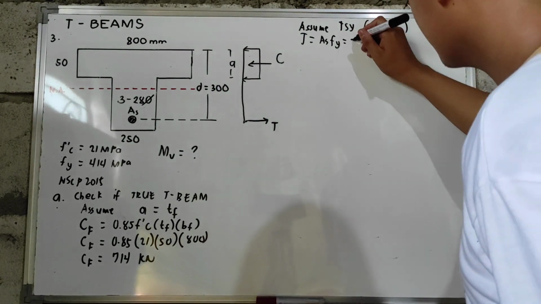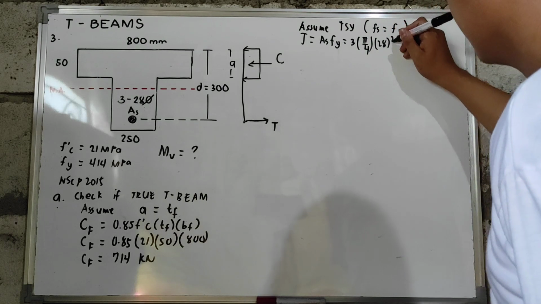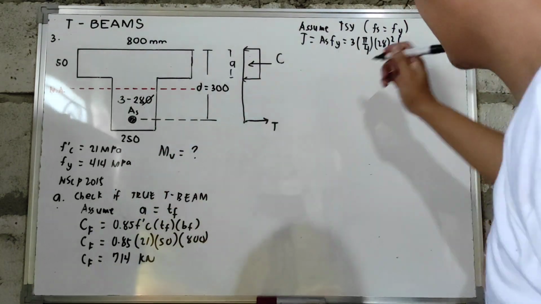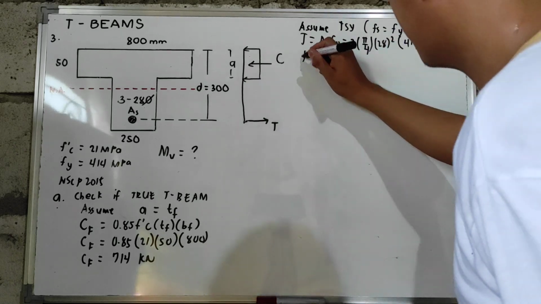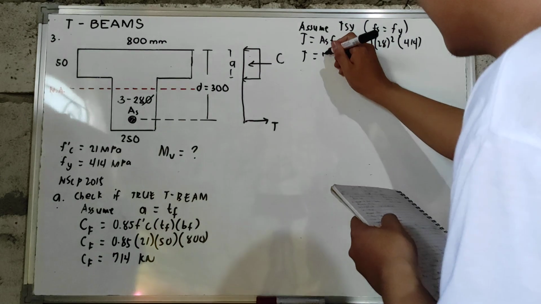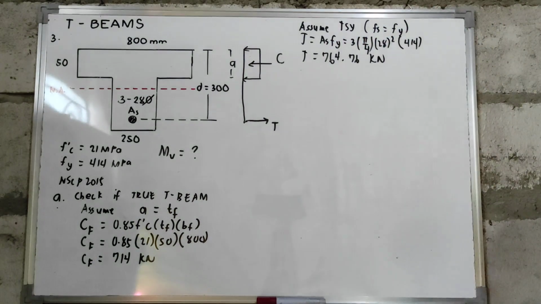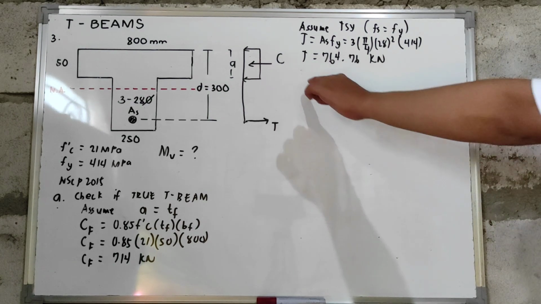So, we have three pieces of 28 mm diameter bar multiplied by our Fy of 414. So, the value of your tensile force is equal to 764.76 kN.